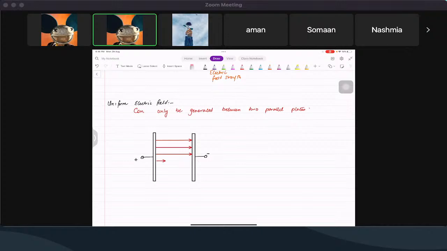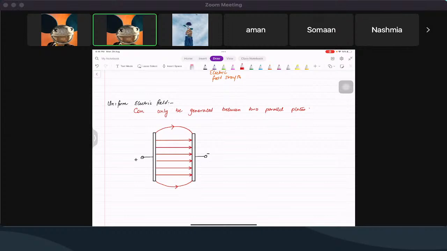Now it really depends on how strong the field is, but we'll talk about that in a bit. And at the edges, it is curved for a reason that I'm going to tell you in a bit. Like this. So this is basically the uniform field.